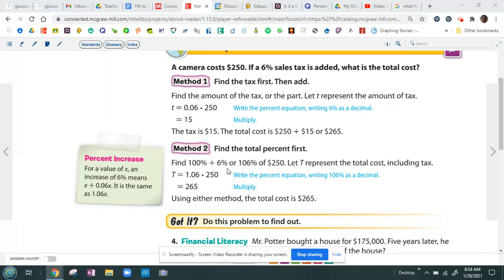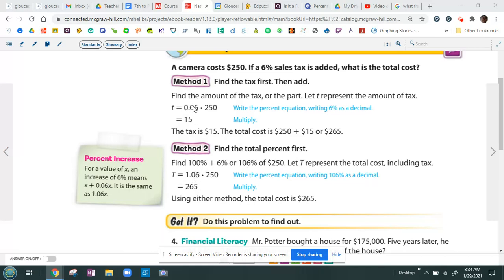You have to pay, with the tax added in, more than what it originally cost, right? So here I'll show you. 265 is more than 250, so it would have to be more than 100% of the original amount. So we can use that information and kind of do this all in one step.